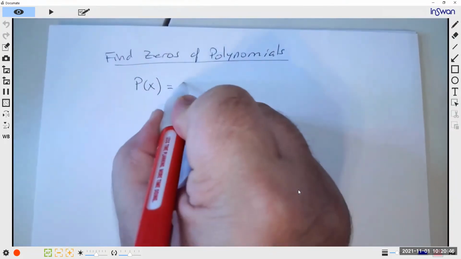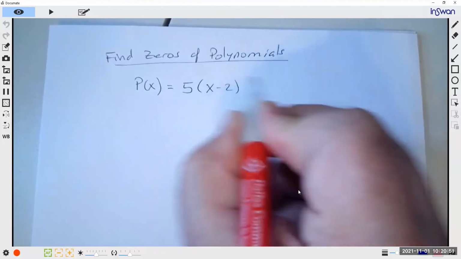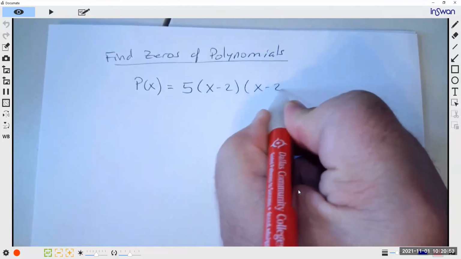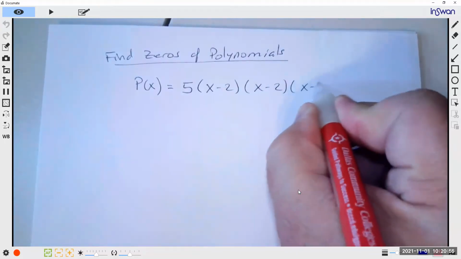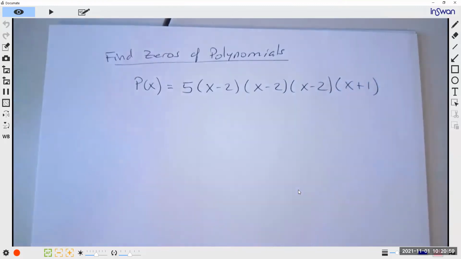For the first one, if I give you this equation, it's already in factored form.